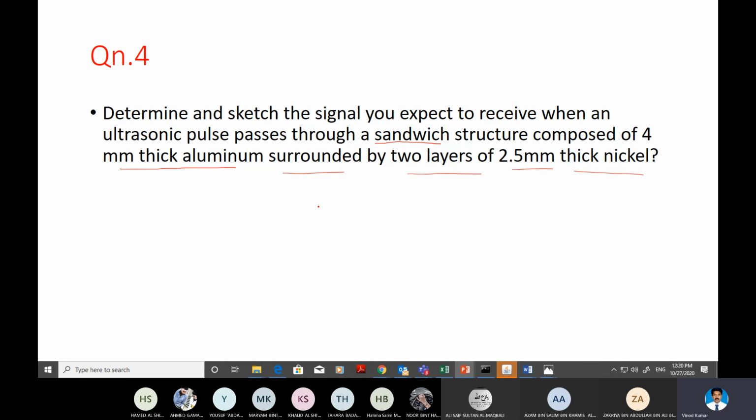So this sandwich structure consists of 4 mm aluminium surrounded by 2 layers of nickel.